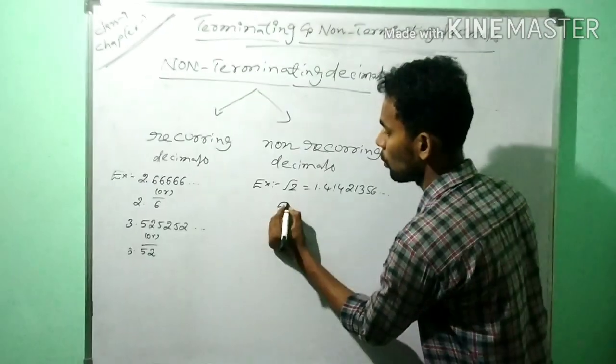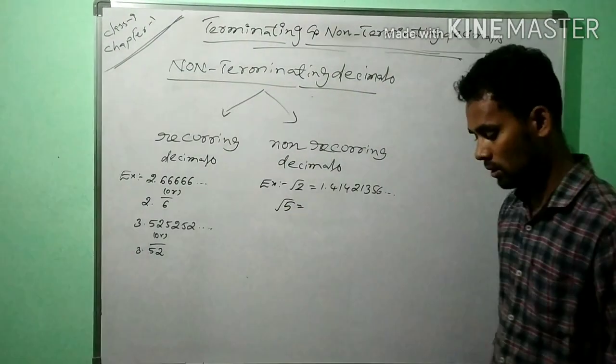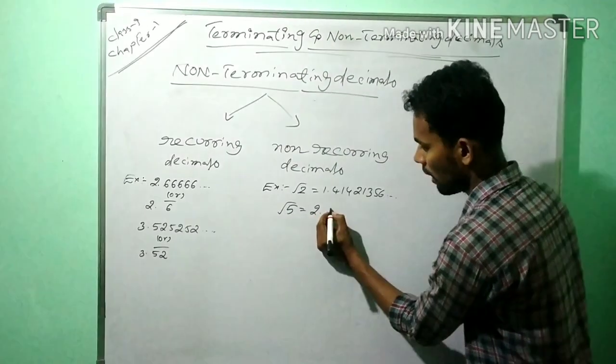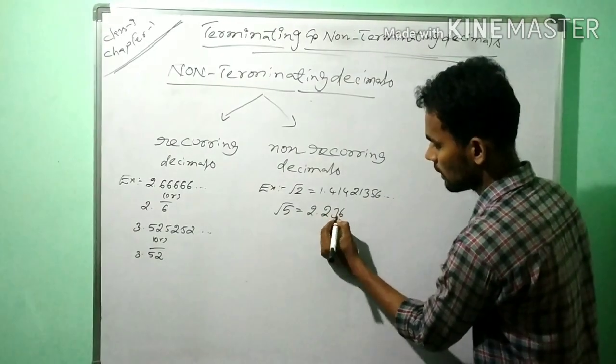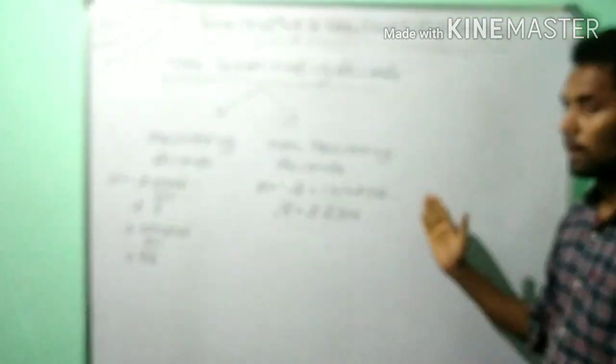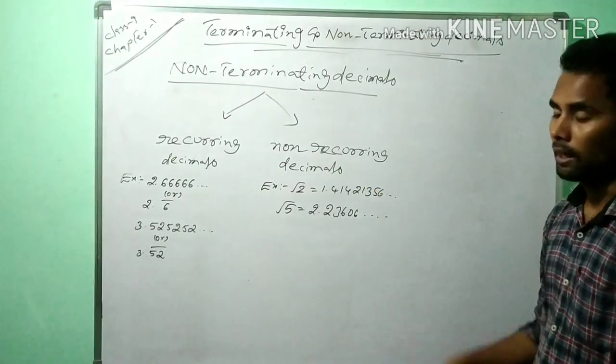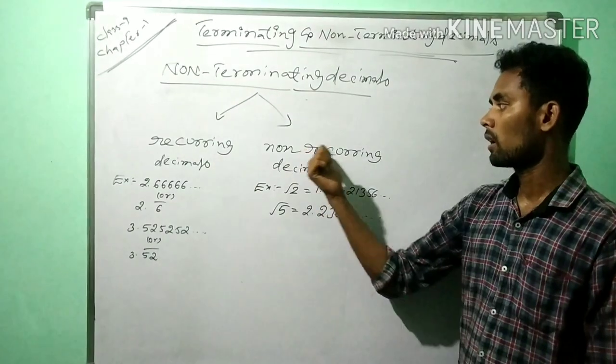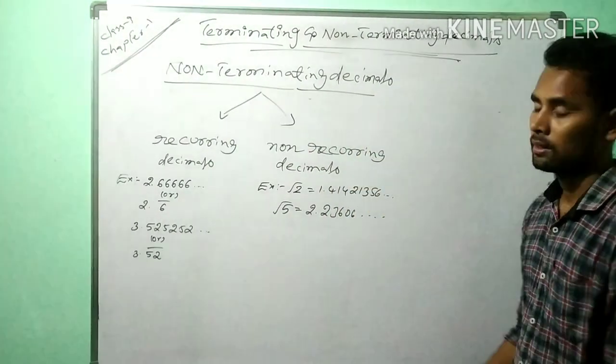Another example, root 5 equals 2.23606 and so on. The digits are different and not repeating. This is a non-recurring decimal.